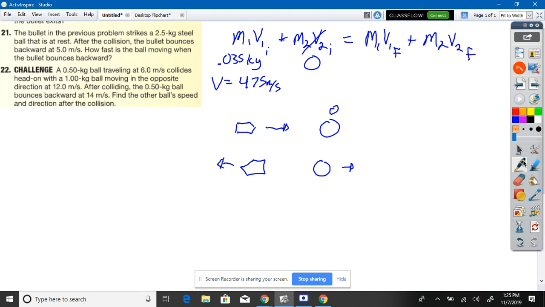After, the mass never changes, right? How fast was the ball moving when the bullet bounces backwards? We don't want to know the final velocity of... after the collision, the bullet bounces backwards at 5 meters per second.